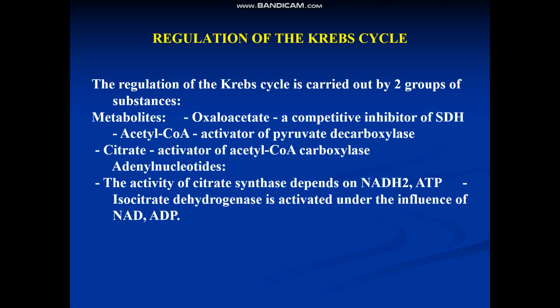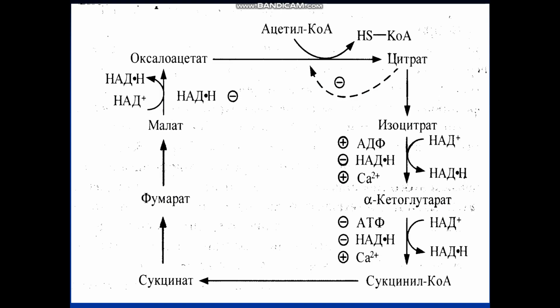Metabolites: oxaloacetate, a competitive inhibitor of SDH; acetyl-CoA, activator of pyruvate carboxylase; citrate, activator of acetyl coenzyme A carboxylase; and adenyl nucleotides. The activity of citrate synthase depends on NADH and ATP. Isocitrate dehydrogenase is activated under the influence of NAD and ADP.